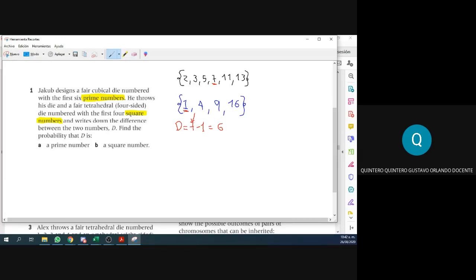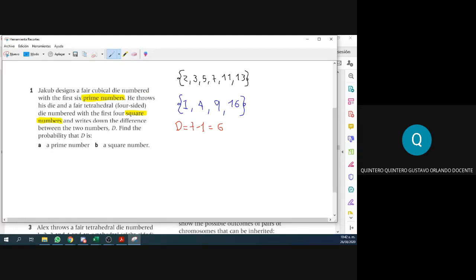I'm selecting the biggest first, and from that one, I'm subtracting the lowest, right? Because the difference is always positive. If I were to do it otherwise, the lowest minus the biggest, I would have 1 minus 7. That is negative 6. That cannot be, because differences are always positive. All right? So you have to do it in this way. The biggest number first, the lowest number next.